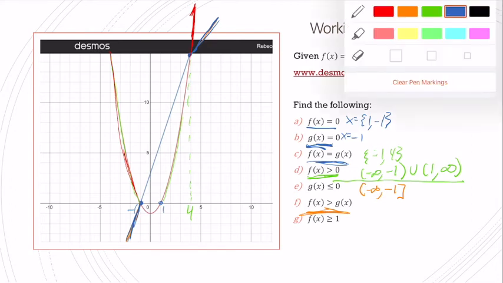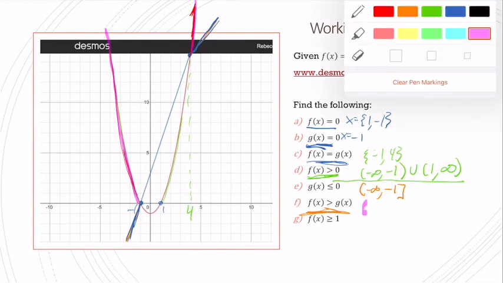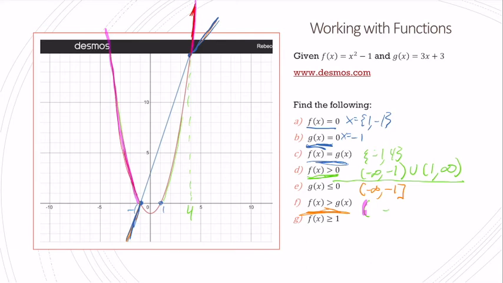So that's going to be here and here. So f of x is greater than g of x from negative infinity to negative 1 and 1 to positive infinity.